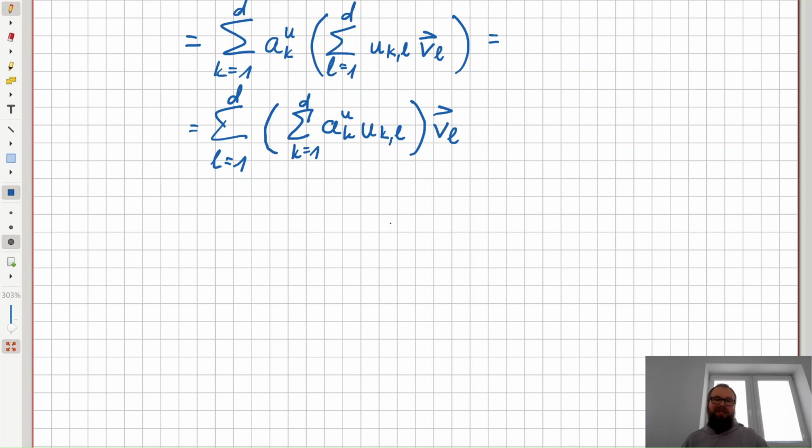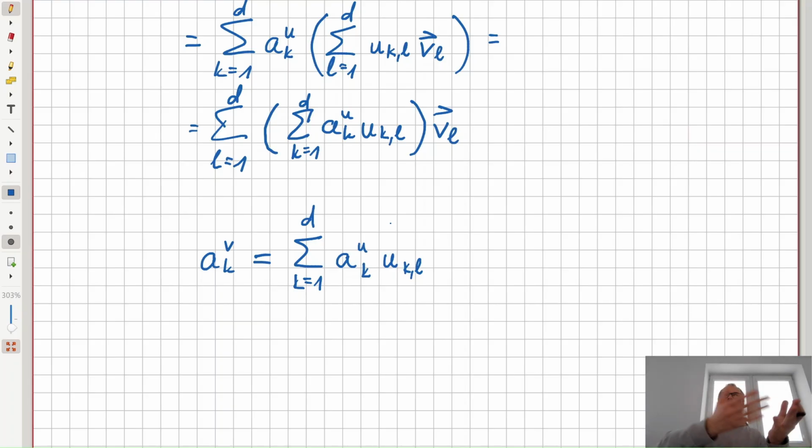So A_L^V equals the sum over K from 1 to D of A_K^U U_K^L. All right? So to produce the coordinates in some basis, when you have coordinates in some other basis, all you need to do is to know the coefficients of decomposition of basis U into basis V, for example.